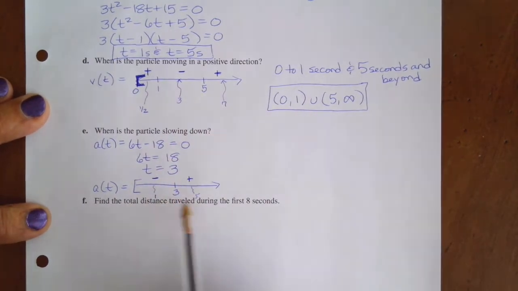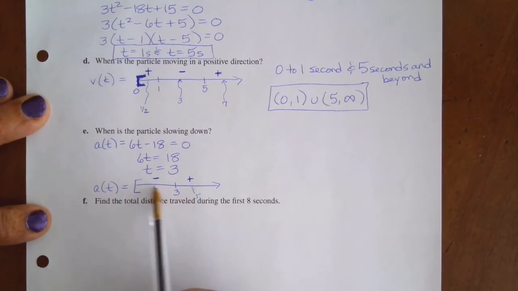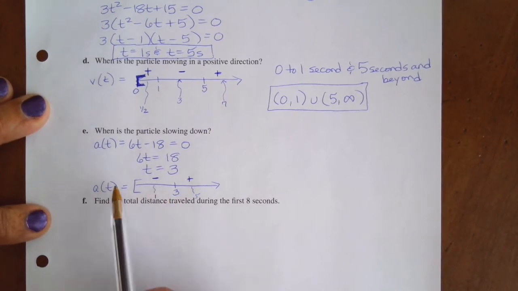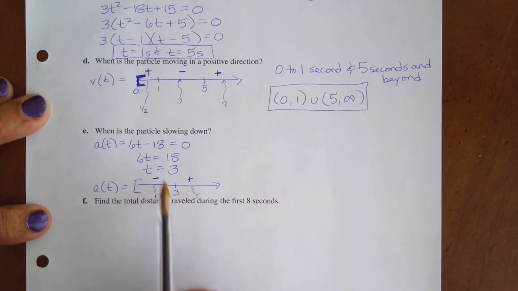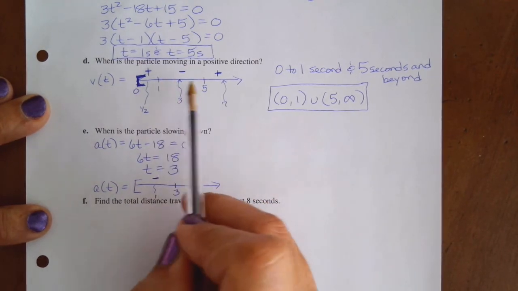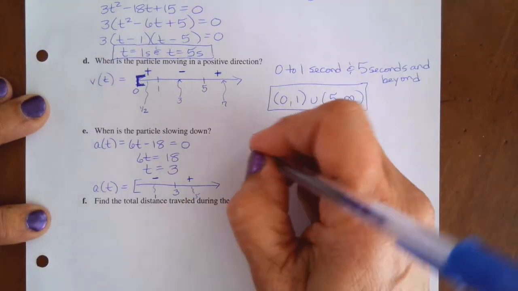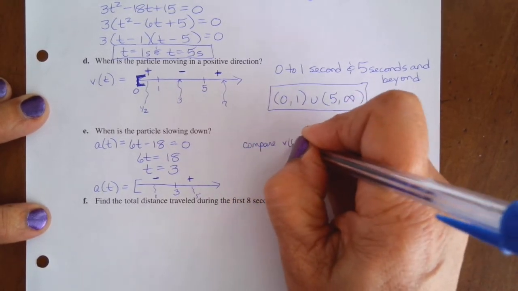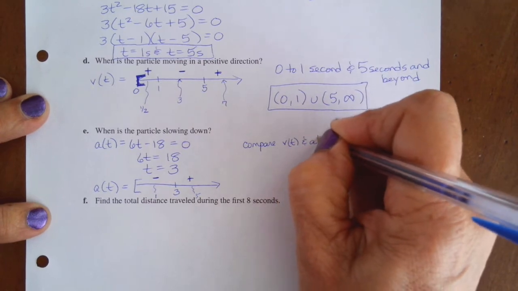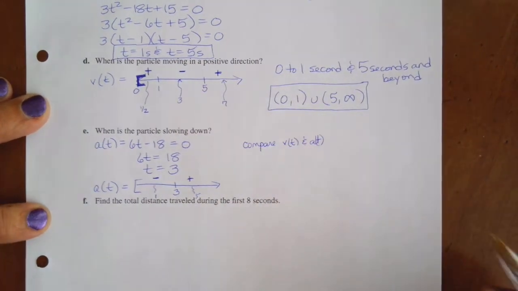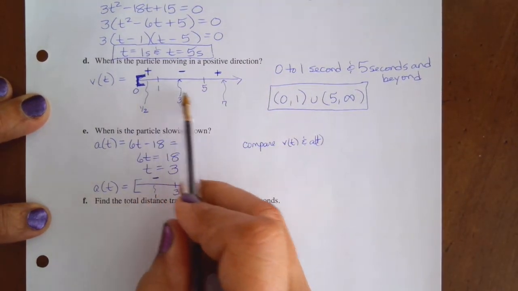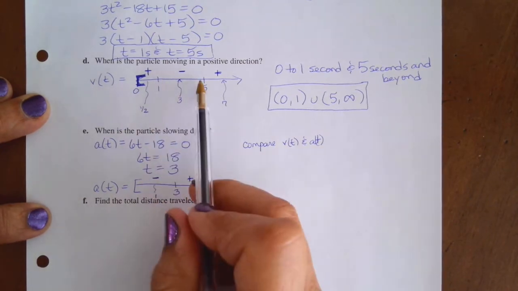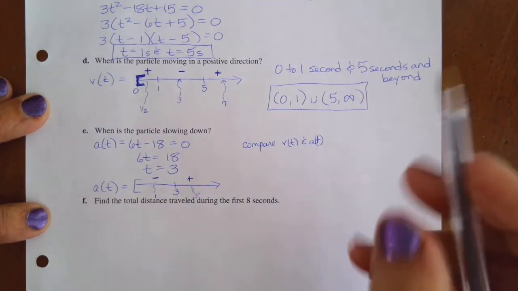All right, now that alone is not going to tell me this is slowing down right here, okay? This is when the acceleration is negative, but I need to compare it to this. So here's the way we're going to compare. So we're going to say compare v of t and a of t, okay? So we need all the numbers that were included. So we need to plot 1, 5, and we also need to now plot 3.